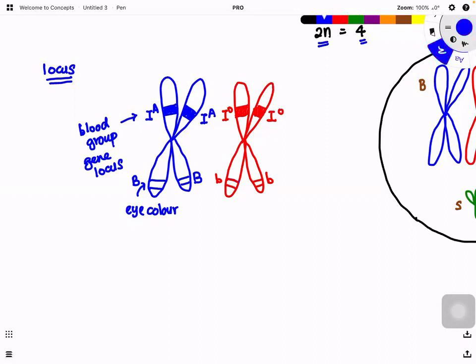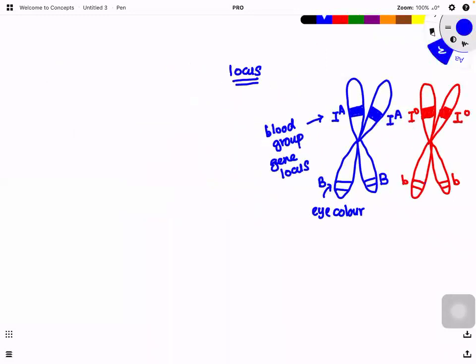So what is meant by the gene? Each location, you have a gene, right? When we talk about the gene, there are three important things you have to put down.